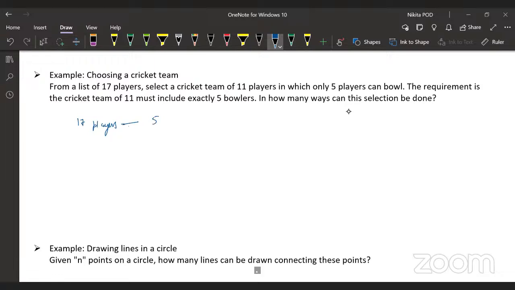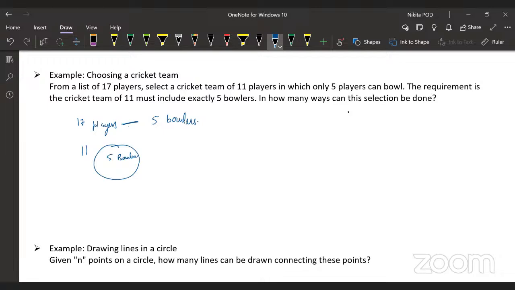We are saying out of 17 players, we know there are 5 bowlers. Now you have to make a group of 11 players where there should be 5 bowlers. How many ways can you do this selection? 12C6 into 5C5.